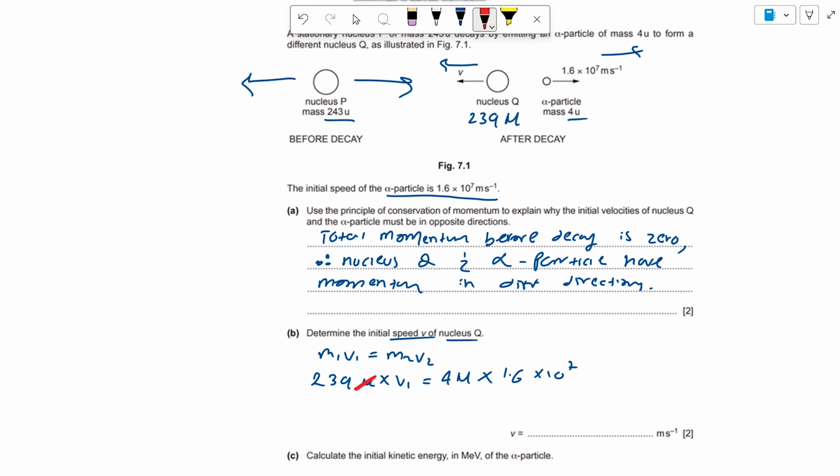We can cancel the U's, and that would give us v is equal to 2.7 times 10 raised to the power of 5. And that's your answer.